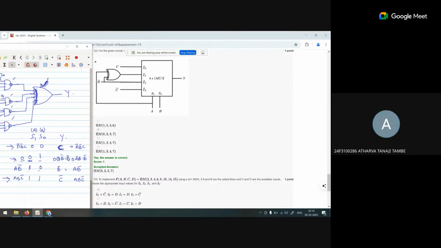Okay, sir. So we have to take the max term, no? On this. Yeah. So first of all, we define the min term. So we have A bar B bar C as a min term, A B C bar as a min term, then A B bar. Can I convert it to the standard SOP? So it is A multiplied with C plus C bar. So it is A bar B bar C plus A B C bar plus A B bar C plus A B bar C bar. So which min terms are available?